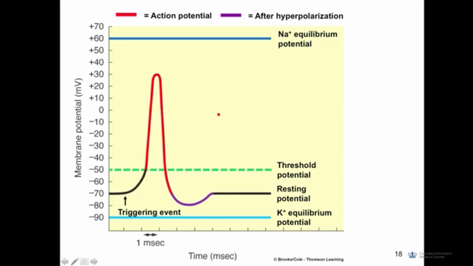So the action potential that happens in muscle cells and neuronal cells is a very explosive, large fluctuation in membrane potential. And this is what it looks like.